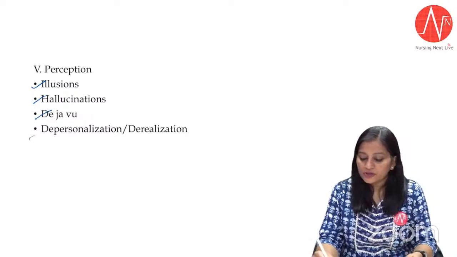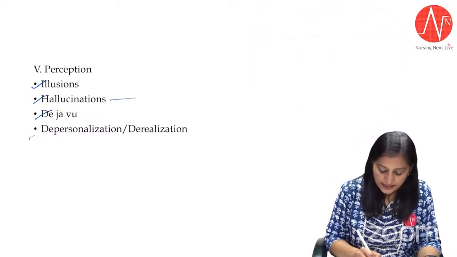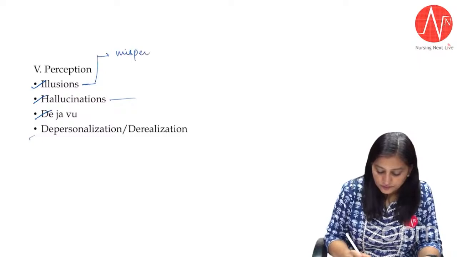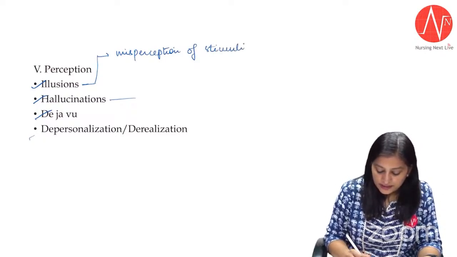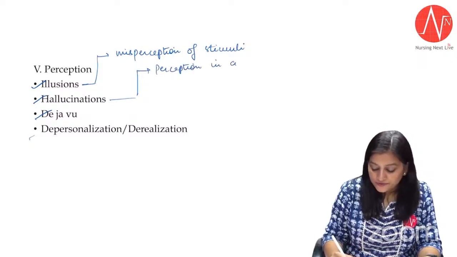Hallucinations are auditory, visual. Illusion means misperception of stimuli. Hallucination means perception in the absence of stimuli.